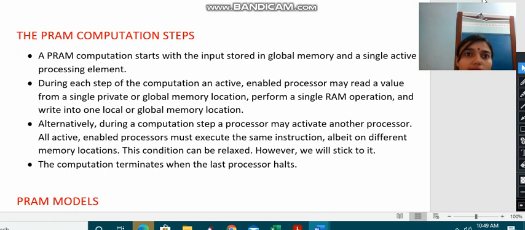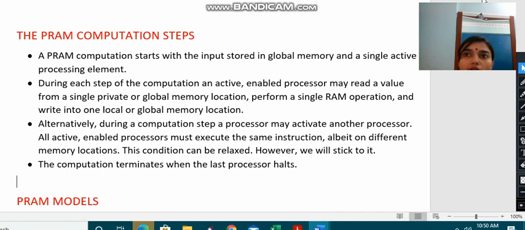So it depends upon the processor whether, after doing the computation or before starting the computation, it will read the value from its own private memory or from the global memory. During a computation, a processor may activate another processor. All active enabled processors must execute the same instruction on different memory locations. The computation terminates when the last processor halts.